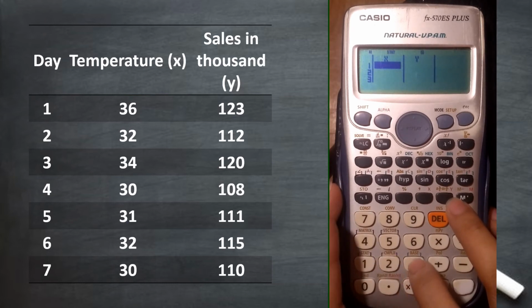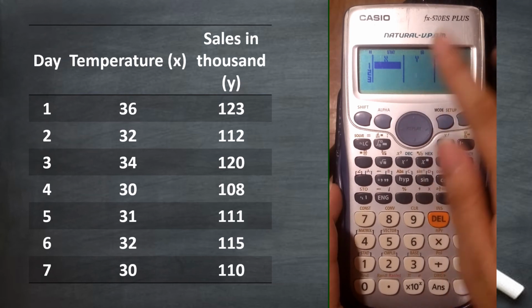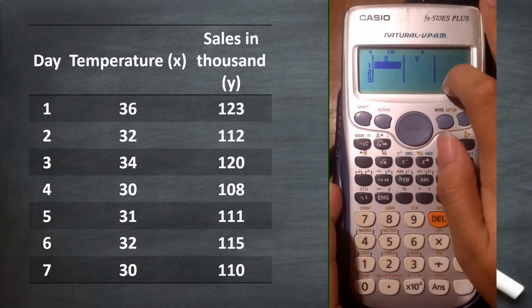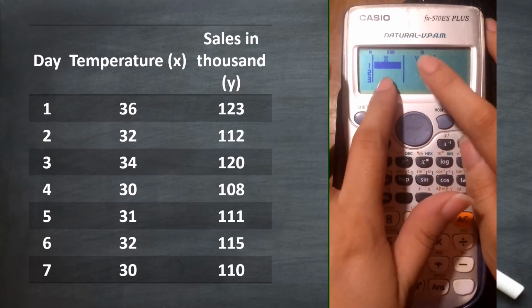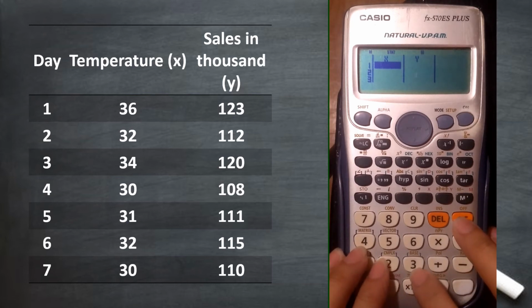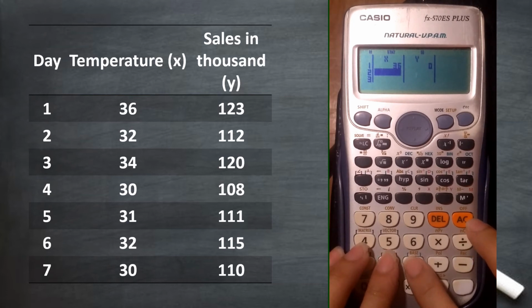So we have to press 2 and then, last time, we just had one column, just X. But this time, we have X and Y columns because we have two variables in our problem. So all you have to do is input the numbers just like what we did in the previous lesson for the shortcut method: you press the number and then the equal sign. Let's input all the values in the X column first.